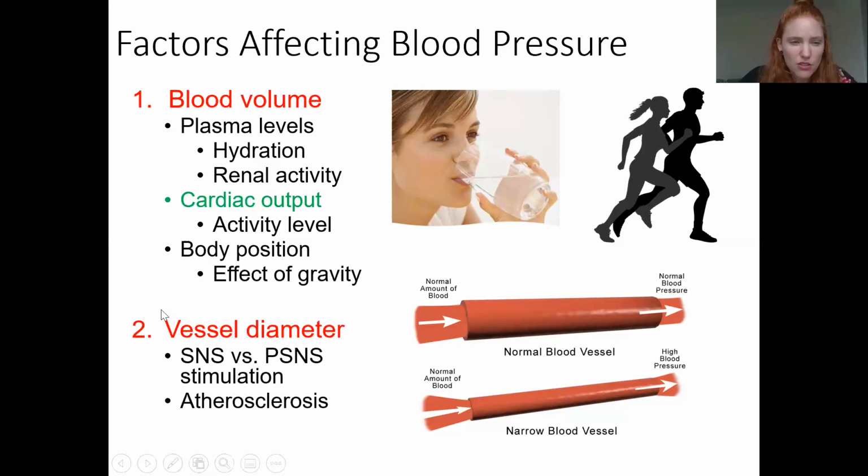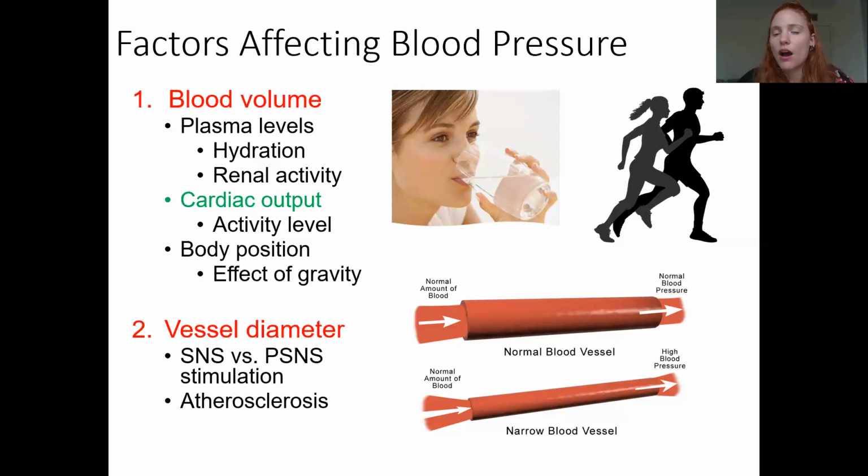Let's look at the vessel diameter. In the walls of the blood vessel, you have smooth muscle, and those smooth muscles can be contracted to constrict the blood vessel or relaxed to dilate the blood vessel, so vasoconstriction or vasodilation.